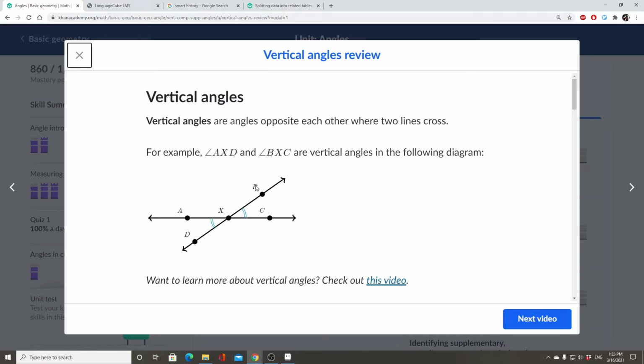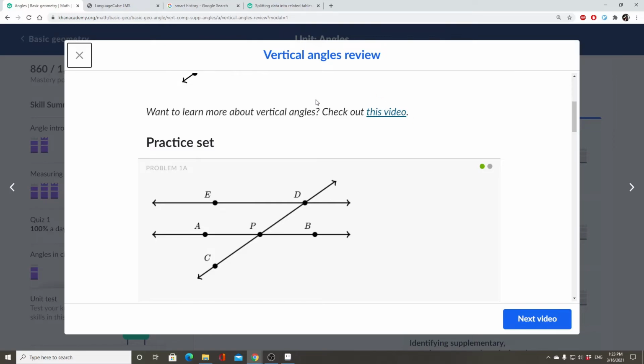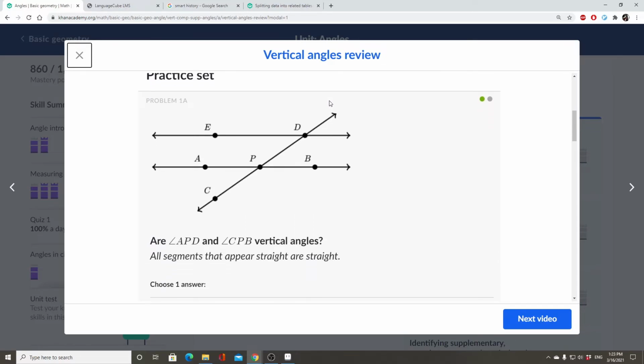So vertical angles. Okay, so vertical angles are angles opposite each other where two lines cross. Interesting. For example, AXD and BXC are vertical angles in the following diagram. They're opposite each other. Okay.